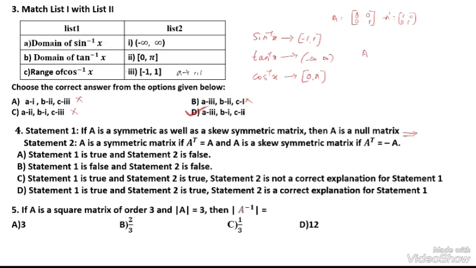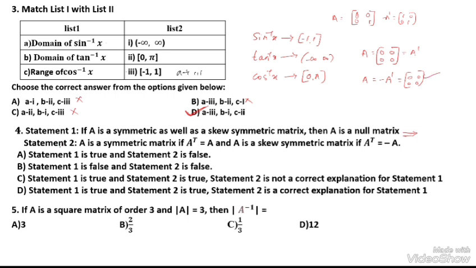Here A is a null matrix, meaning all the rows and columns contain 0. Then A transpose is again the same, and A equals minus A transpose. Both give the same result. Yes, this is true.